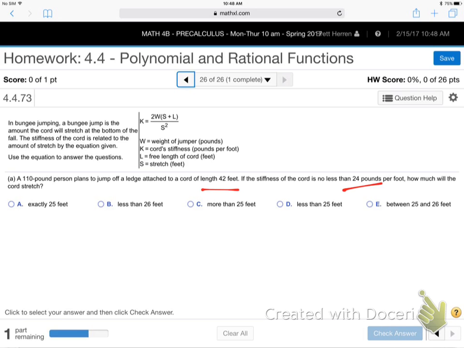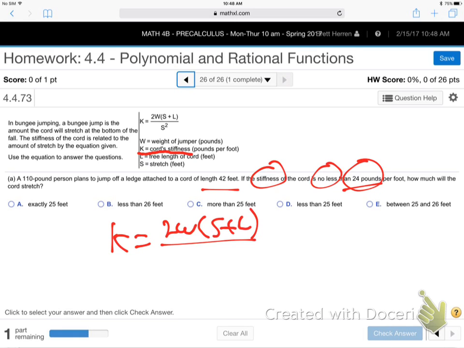Okay, so what's the stiffness? Looking at the words here, K is the stiffness. See that? I'm just matching up words with words. They said stiffness no less than 24, and this says K is stiffness. So K, which is 2W S plus L, there's an L there, over S squared, is no less. What's that mean? No less. Greater than or equal to. If it's not less, then it's greater or equal. No less than 24.